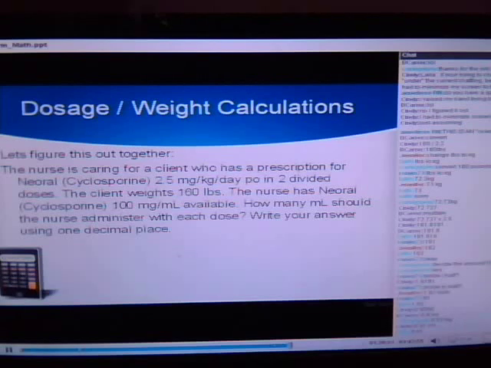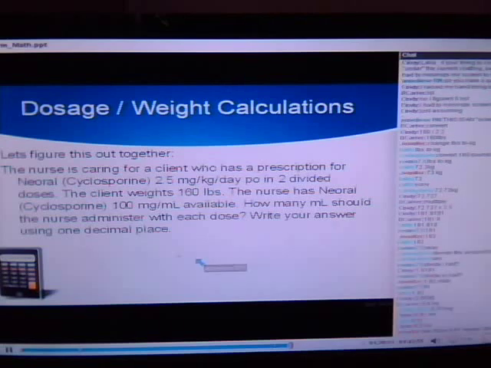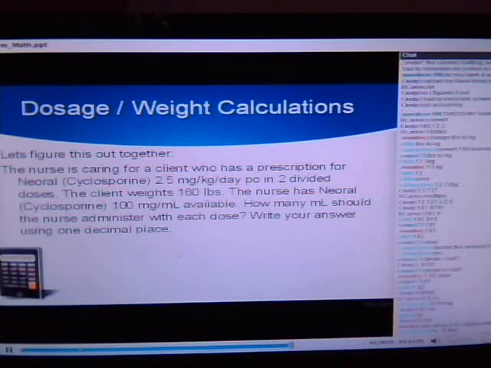So the answer is 0.9, 1 decimal place, per dose. This is the complete answer. This is what you write in your fill in the blank.